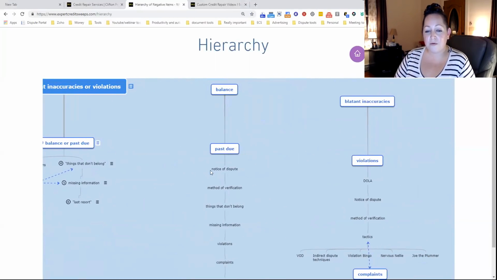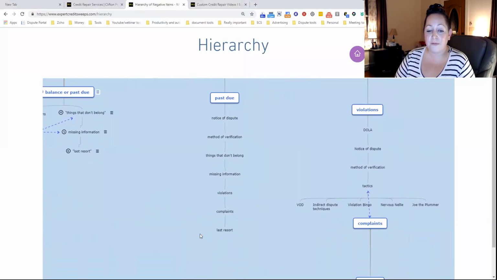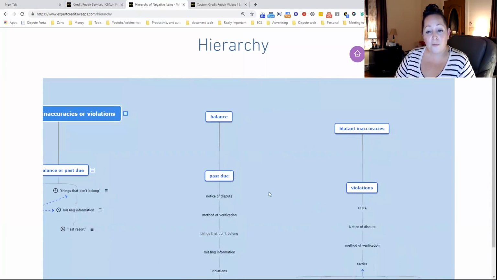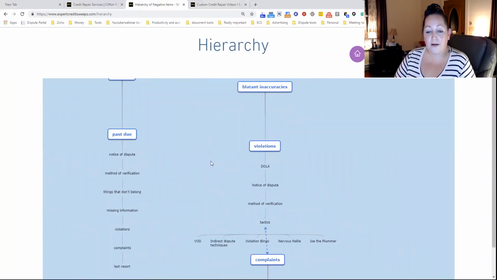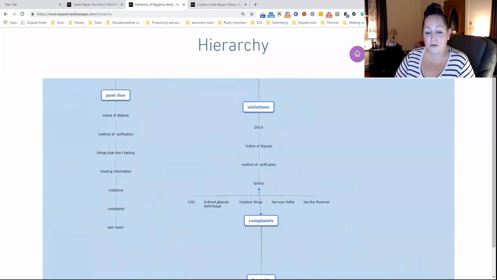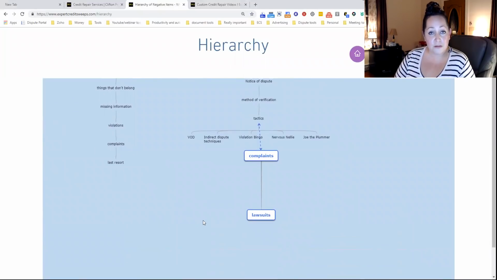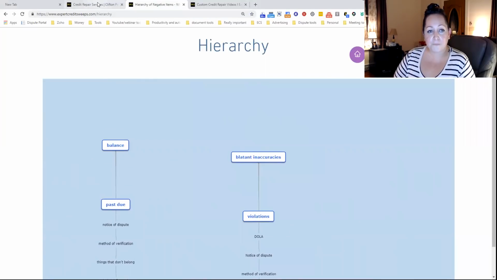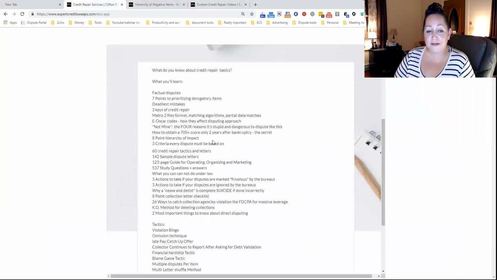So balance, past due, notice of dispute, MOV, things that don't belong, missing information, violations and complaints, and then the last resort, or blatant inaccuracies, violations, DOLA, notice of dispute, method of verification, tactics, those 1, 2, 3, 4, 5 here, complaints, and then lawsuits. Going back to this, that was the 8-point hierarchy of impact. Then, 3 criteria every dispute must be based on, and I have taught you that.